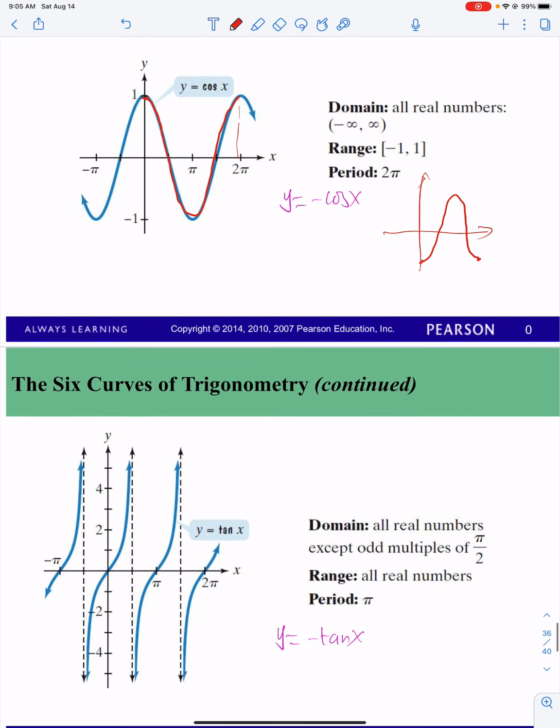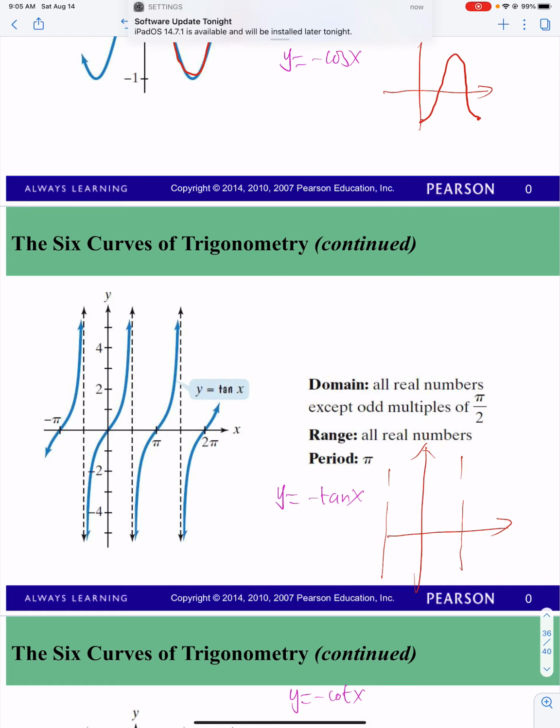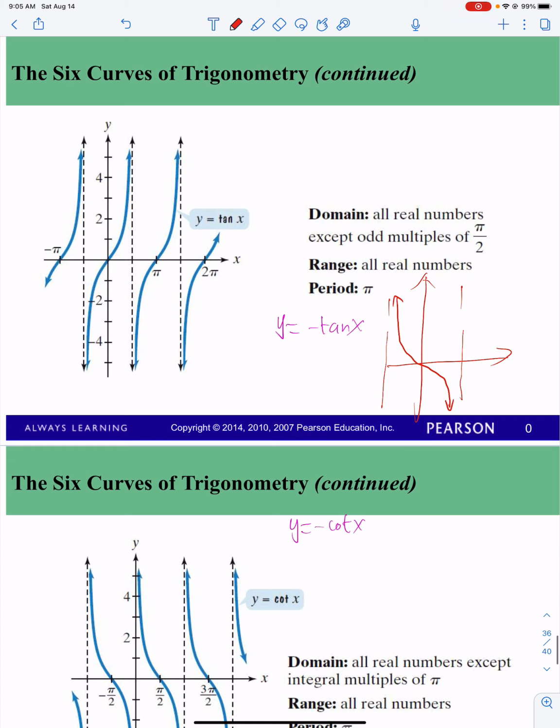And the tangent goes through the origin, goes up. What will be the negative tangent, guys? Symmetric, flip over the x-axis. So it will be like this. So this is negative tangent. Cotangent is this, okay? So this is still negative pi over 2 to pi over 2. Are you with me? So what will be negative cotangent? Like this. This is pi.